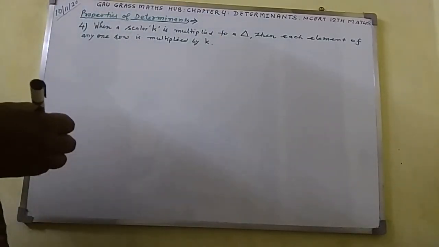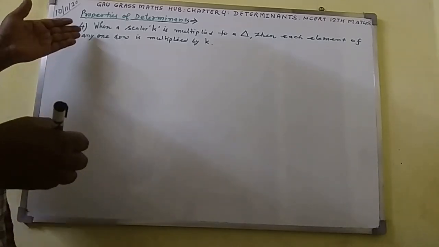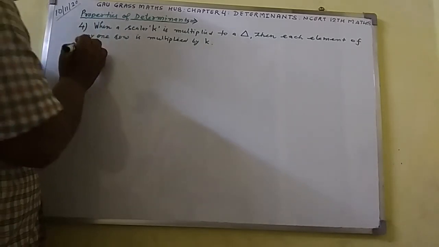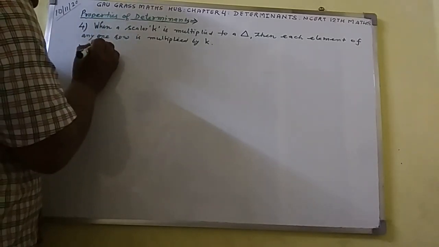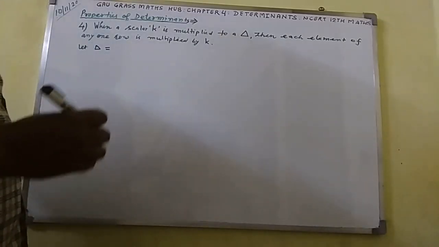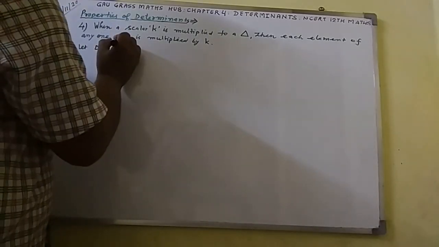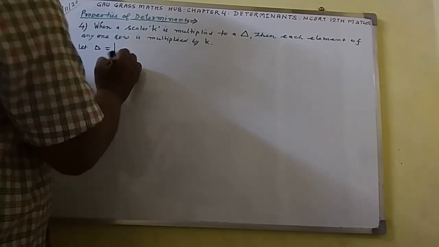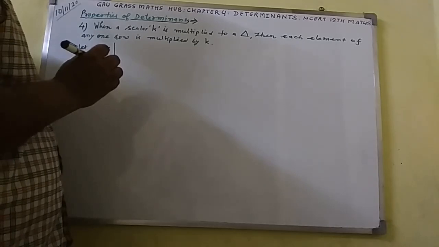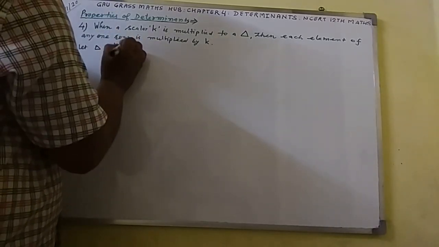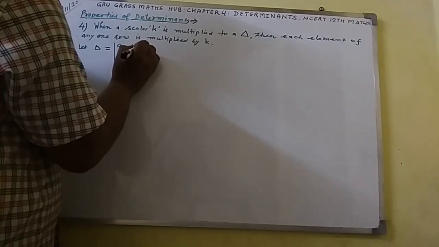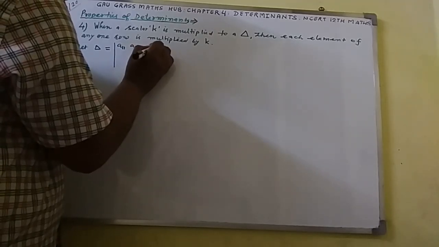Let us take an example based on property number 4 here. Let determinant equal to, opening of vertical line I have done here. The elements of first row I am going to write here: A11, A12, A13.